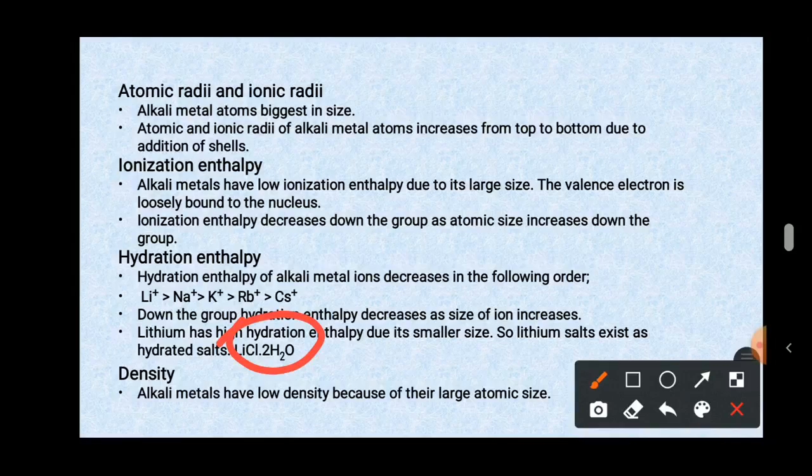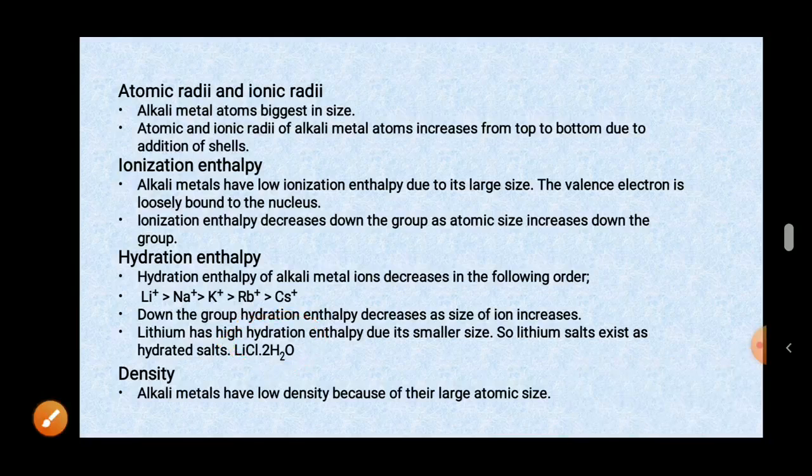Since hydration enthalpy decreases down the group, sodium chloride, potassium chloride or cesium chloride have no capacity to hold water.